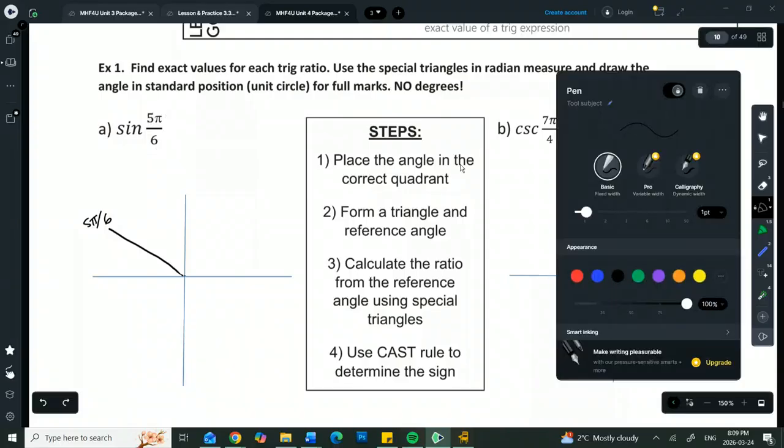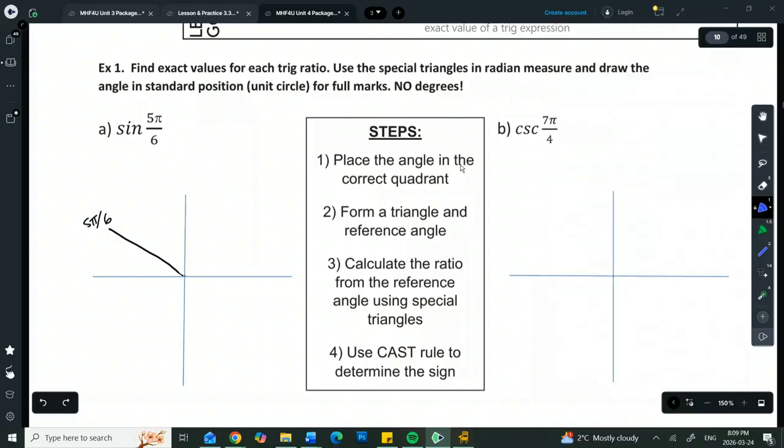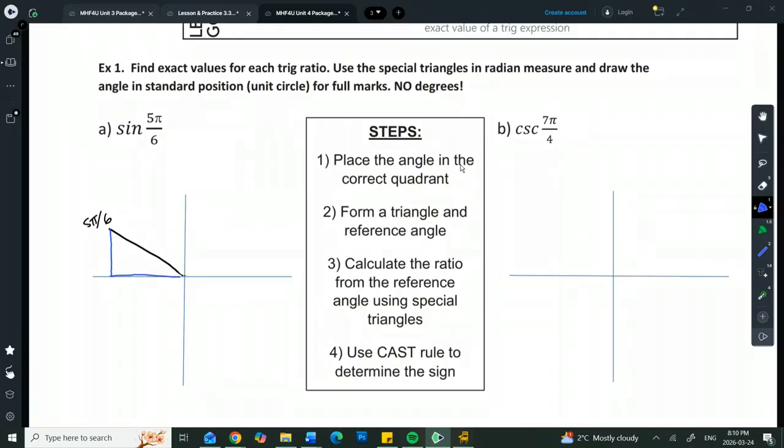So just as a recap from grade 11, when we did this in degrees, we were always making the triangle with the closest horizontal. That's going to allow us to find the correct reference angle. So we create a right angle triangle, and the reference angle is always this interior angle here, which is pi over 6. It's the equivalent of 30 degrees when we were working in degrees.